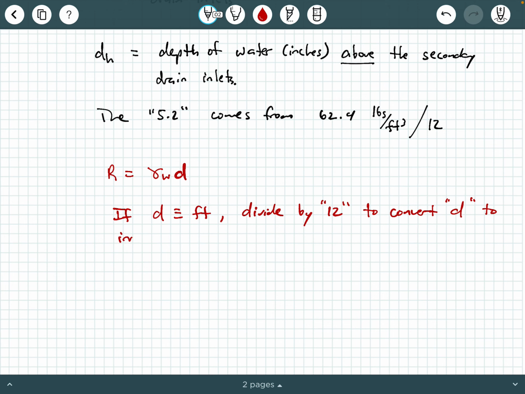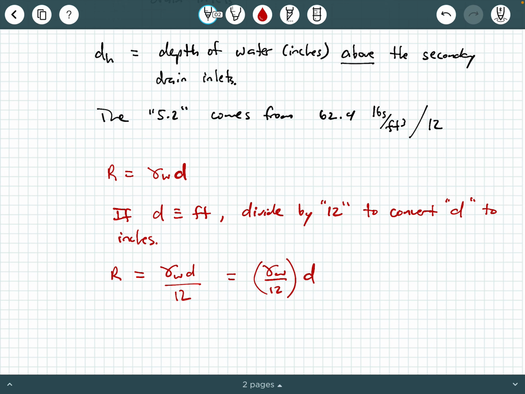to inches. All right, and basically what we end up doing is we end up saying R equals gamma water D over 12, and then we can collect gamma water over 12 together, times a D value.